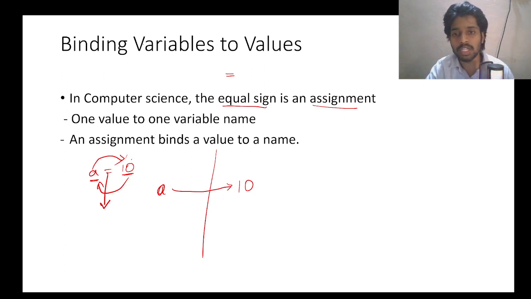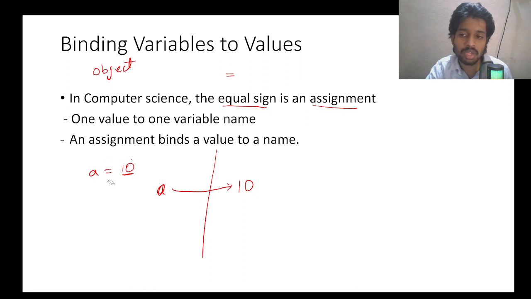In Python we use the concept of binding, and the concept of objects. Everything in Python is an object. We'll discuss that in a bit, but as of now we just need to understand that we're binding these two things. Whenever I use the equal to symbol, I'm binding this value to this variable, so that this variable will point to that value.